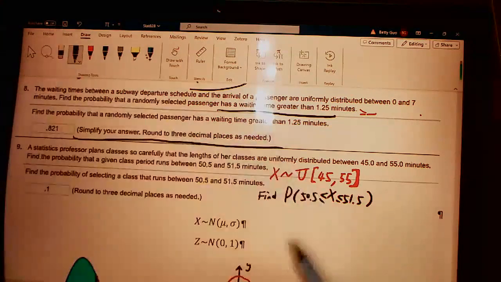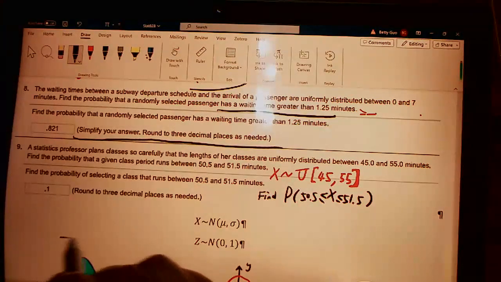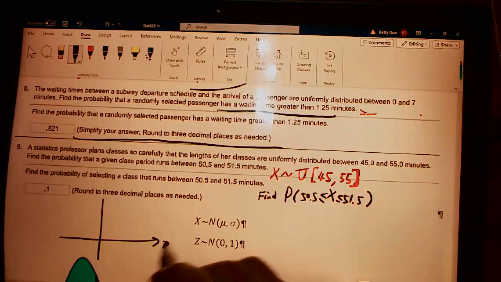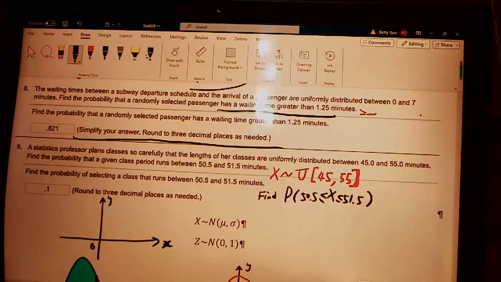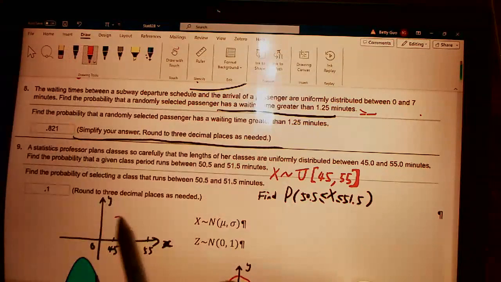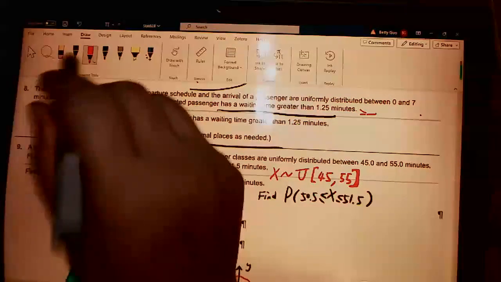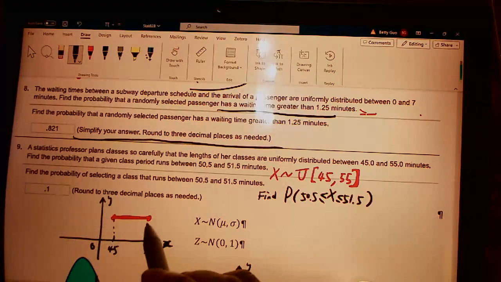I would draw the curve first. The uniform distribution is from 45 to 55. Let's say this is 45, this is 55, and the curve is this high. Not very accurate, by the way, just a draft. Can anybody help me figure out the height of the line segment?